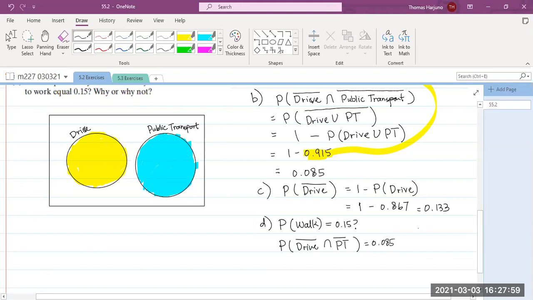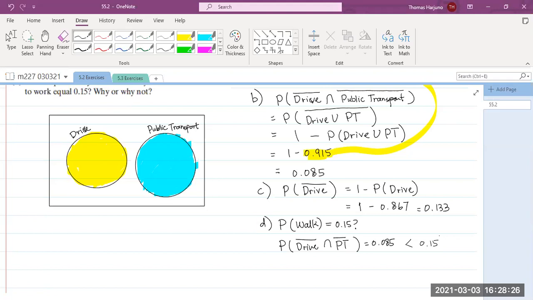And this number is already less than 15%. Remember I said that it's either walking or bicycle or carpooling, which is only at most 0.085. So the probability of walking to work must be less than that, right?